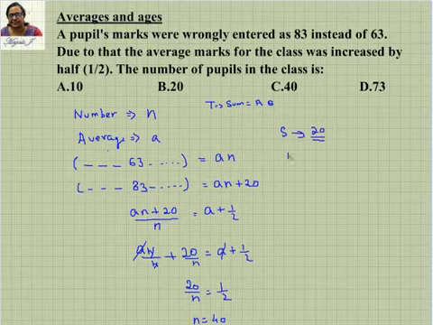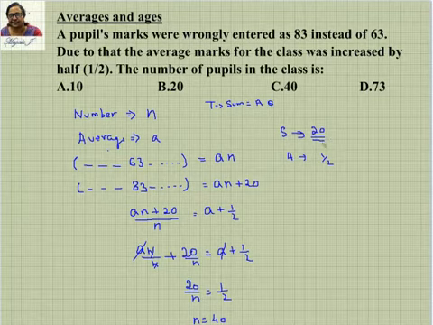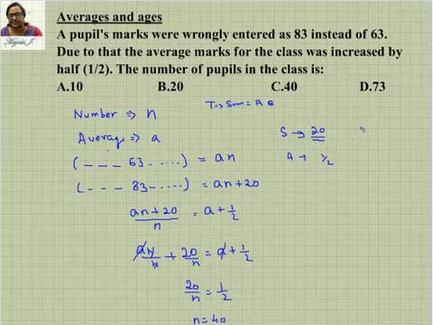Due to this, the average is increased by half. This 20 is distributed to all the quantities equally. So when half is given to each, the total number of quantities can be found by taking this 20 divided by half, which is nothing but 40.